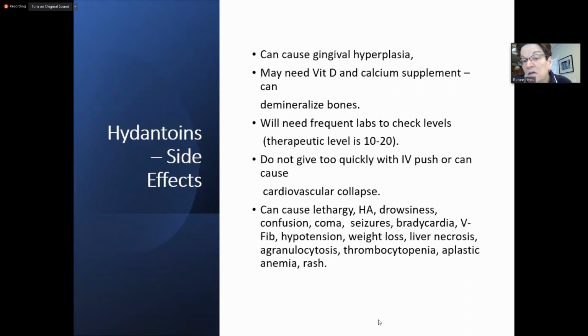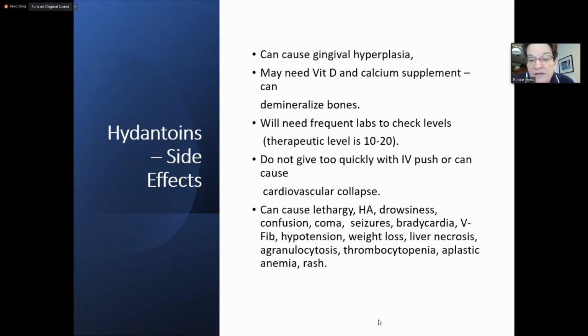Above 40, okay? So we want them to be in that very narrow range. It can't be given quickly IV push. Phenytoin can be given at no more than 50 milligrams per minute, or it can cause cardiovascular collapse.